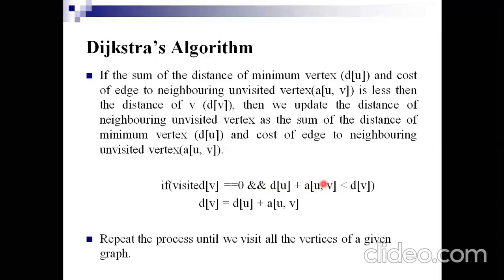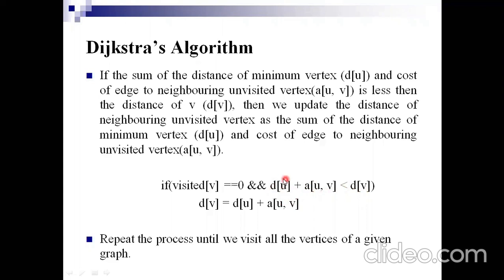If I summate this, is this less than D of V? So here we now need to find out the sum of the minimum vertex distance D of U plus A of U V, whether it is less than D of V. So what is this formula telling you? Very simple.